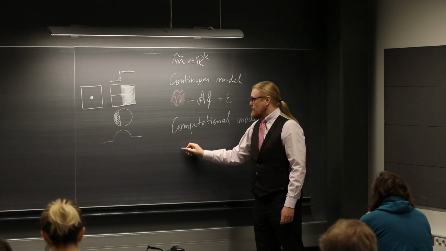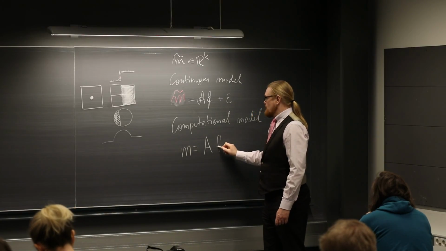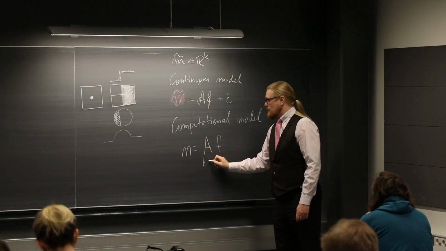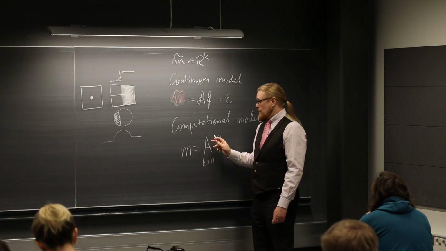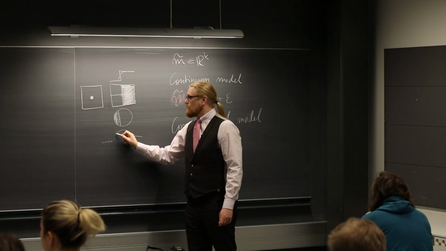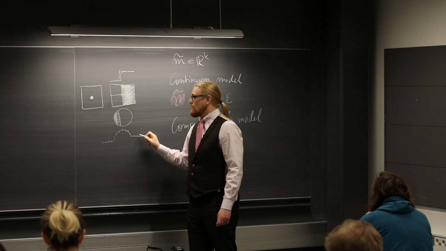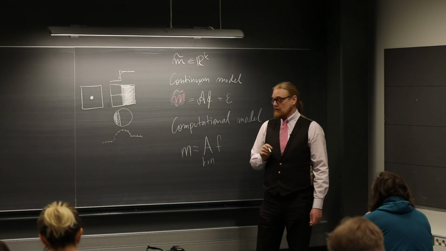So as you remember, we designed this kind of model where A is a k by n convolution matrix, and in the rows of A there appear point values of this point spread function.